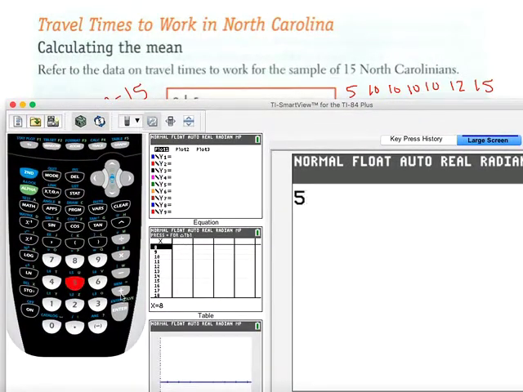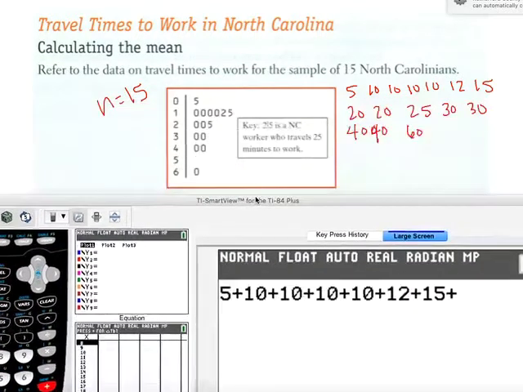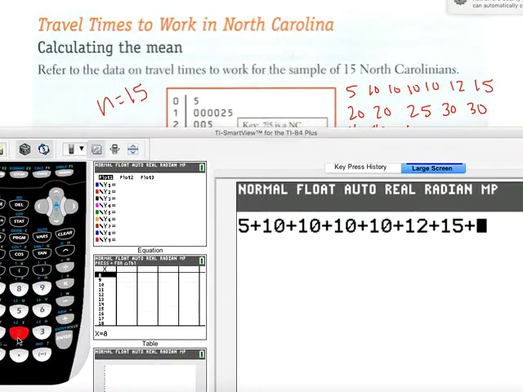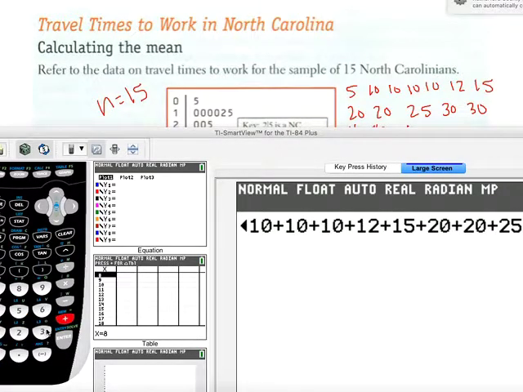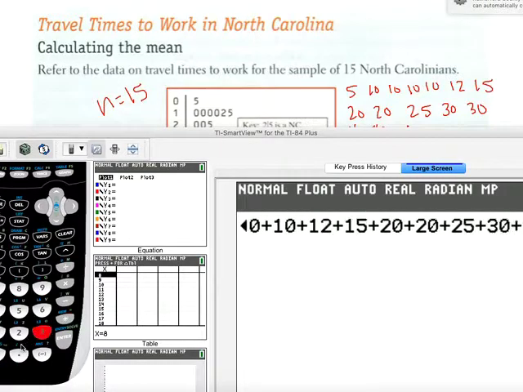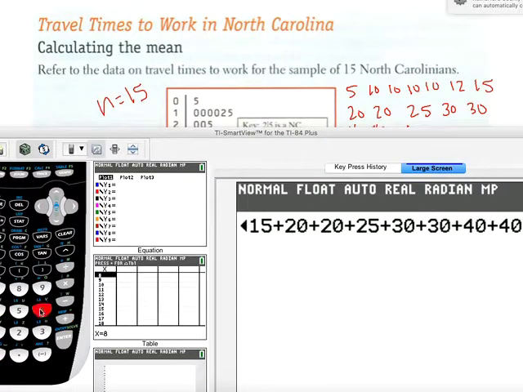So we had 5 plus 10 plus 10 plus 10 plus 10 plus 12 plus 15 plus 2 20s, 25, 30, 30, 2 40s, and a 60.